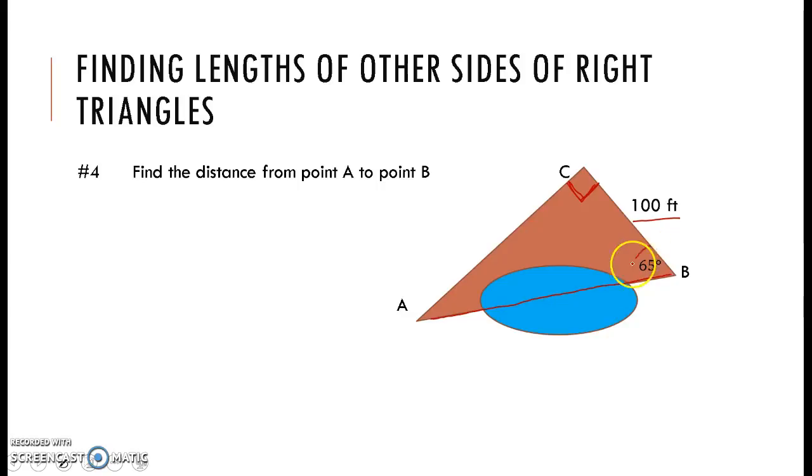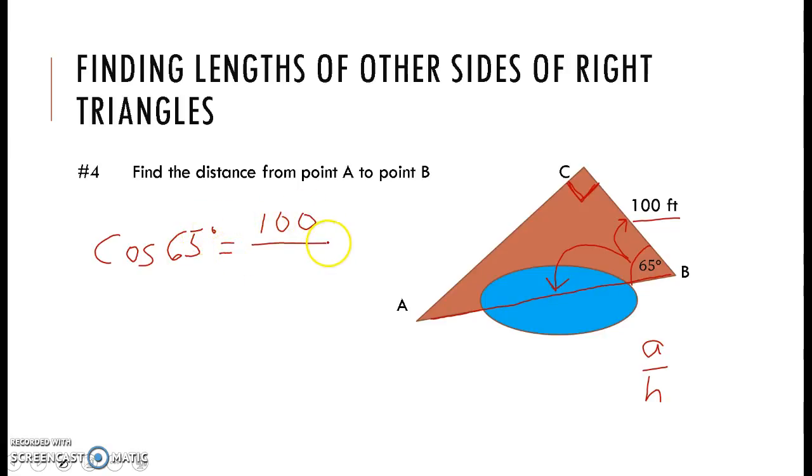So we know here we have an angle that's 65 degrees. We want to know the hypotenuse, and we know the adjacent side. So we know that the adjacent over the hypotenuse is the cosine. So we're going to take the cosine of 65 degrees, and that's going to equal the adjacent side, which is 100, over the hypotenuse, which we don't know, which we're going to let be h.